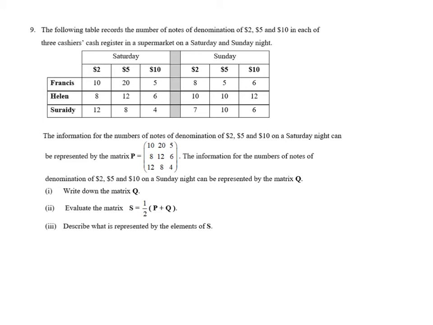So they want us to write down the matrix Q for a Sunday night. In that case, matrix Q will be a 3 by 3 matrix, where it will be Francis, Helen, and Suraidi, on $2, $5, and $10 denomination. So we'll get the following answer.